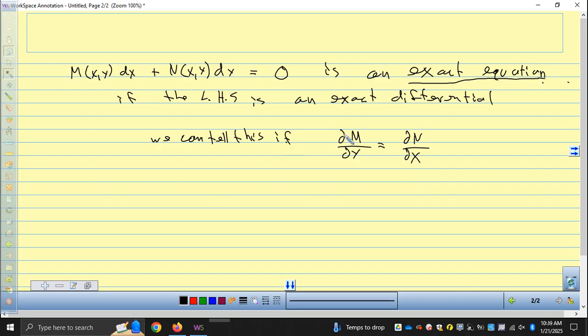This is how we told if this M x y, N x y was a conservative field. And this comes for the exact same reason. If this is the partial of some function with respect to x, and we take the derivative with respect to y, and if this is the partial of some function with respect to y, and we take the derivative with respect to x, those are the mixed partials. The mixed partials have to be equivalent.